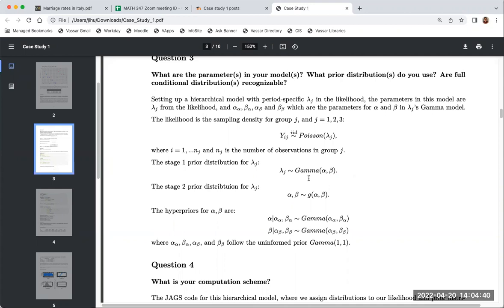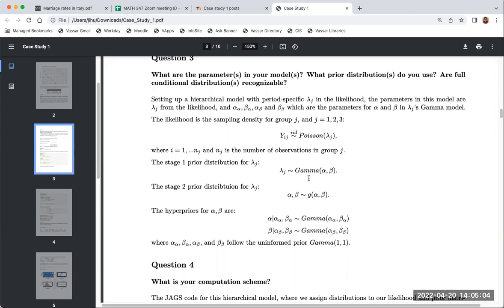And it is still a proper model. But I guess the question now is how is it different from what we're doing right here? And which one should we be doing if we really want to do a hierarchical model?